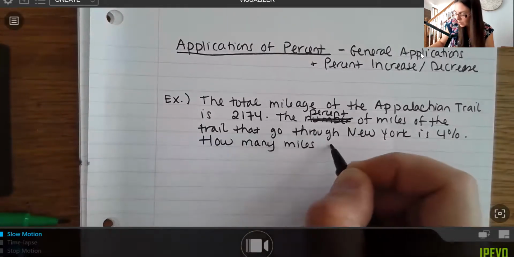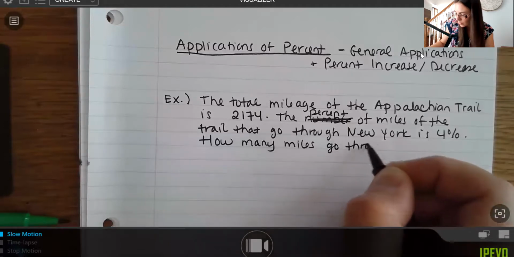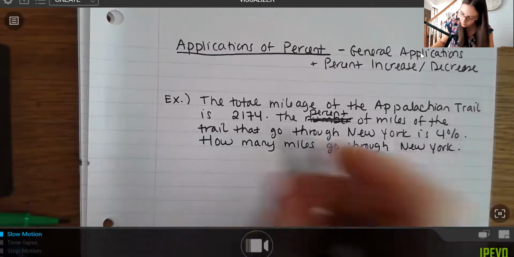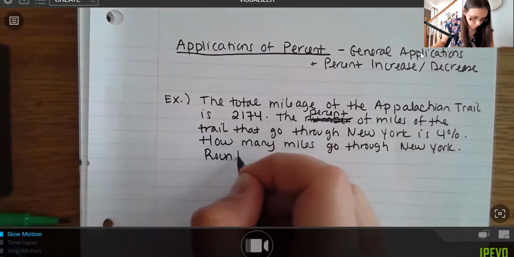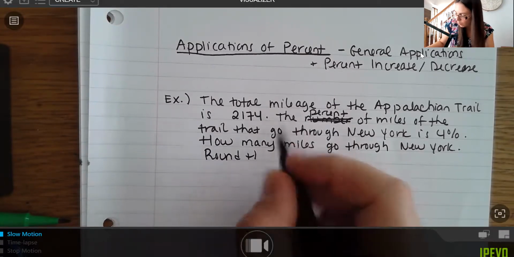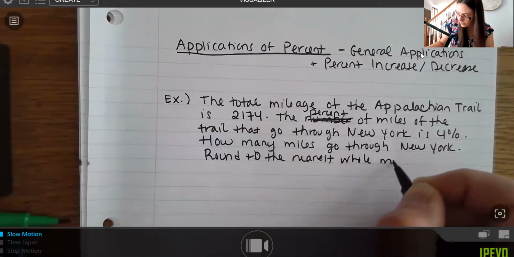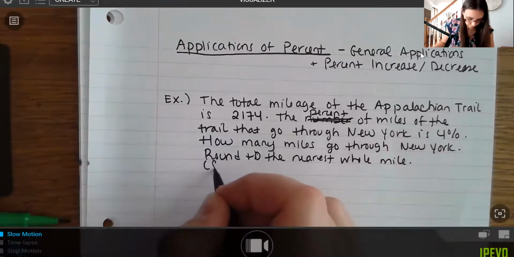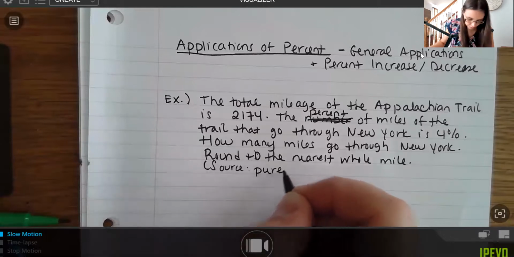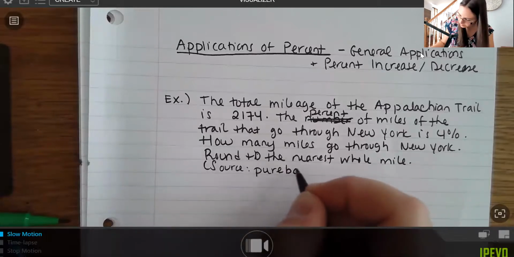How many miles go through New York? Round to the nearest whole mile. And the source here is purebound.com.